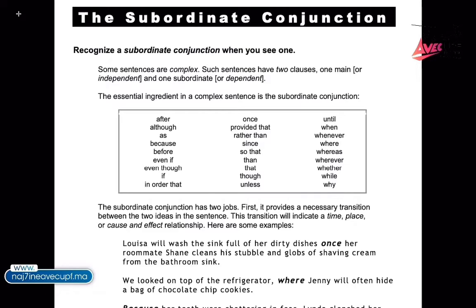A linking word is a word that links between a word and another, or a clause and another. I mean, it connects two clauses. Sometimes sentences are complex. Such sentences have two clauses, one main or independent and one subordinate, meaning dependent.